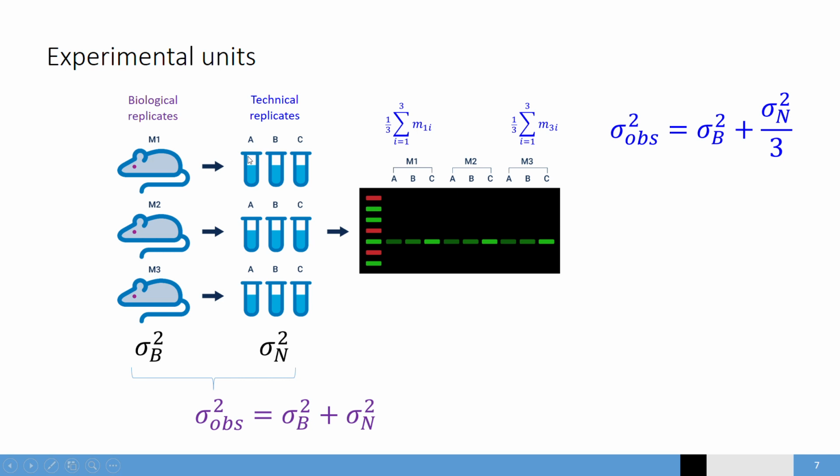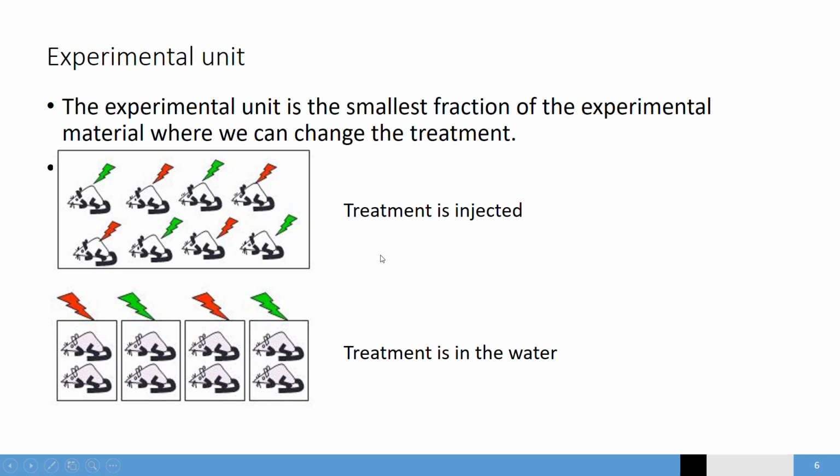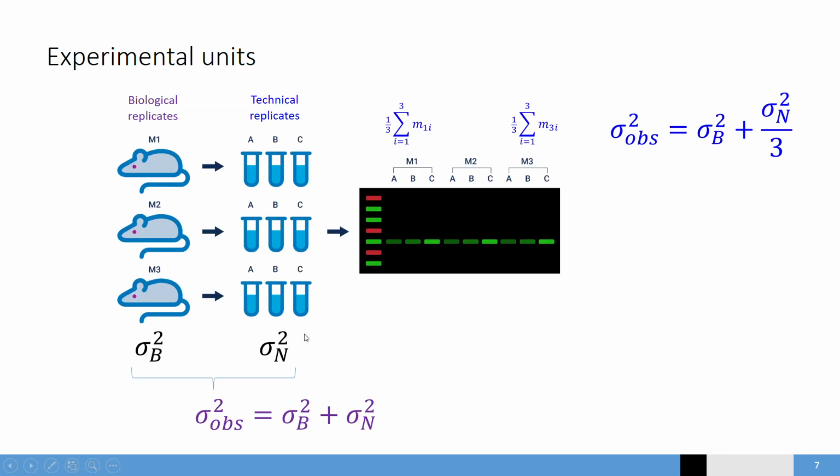So we will have 3 numbers that are extracted from each one of the biological replicates. This is the same situation as here. We have an experimental unit, in this latter case the animal. Then we have multiple measurements for each one of the experimental units, so we have to average them.